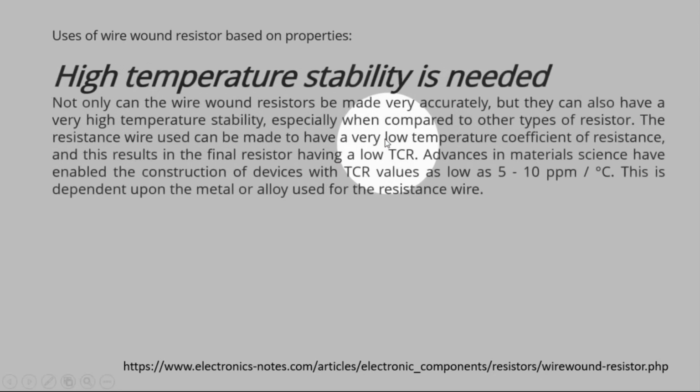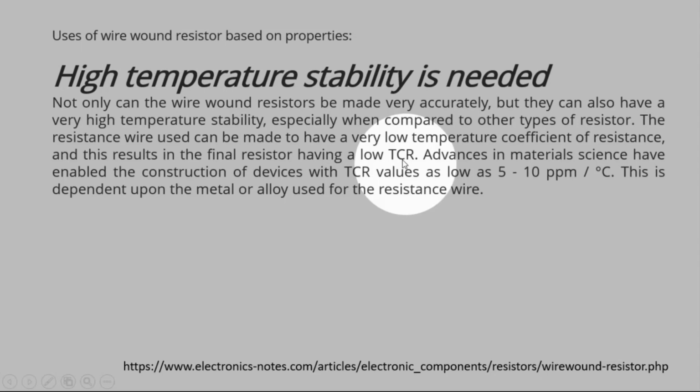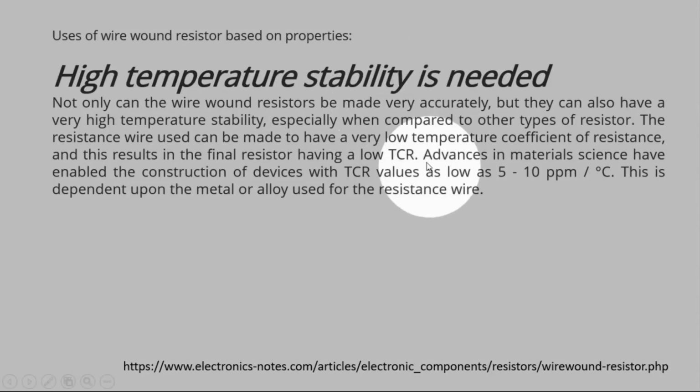Another one is when high temperature stability is needed. We have the so-called TCR, or the temperature coefficient of resistance. The Wirewound resistor can be designed to have a very low TCR. It means that its response to temperature is very stable.